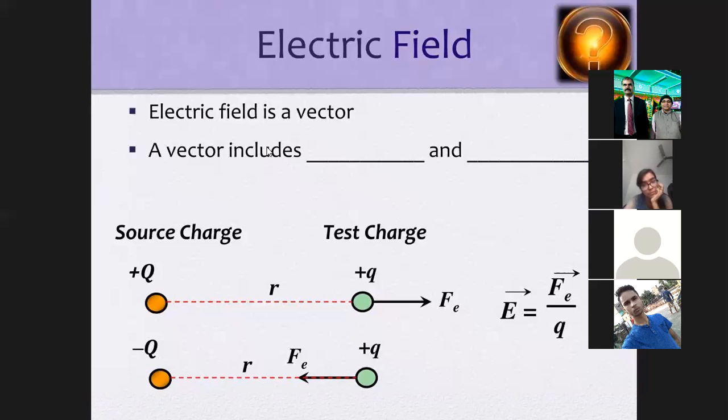As we have already discussed, the electric field is defined as the electrical force experienced per unit positive charge. Force is a vector quantity, therefore the electric field is also a vector quantity. And as we know, a vector quantity includes direction and magnitude, and it can be added and subtracted in accordance with the rules of vector algebra.